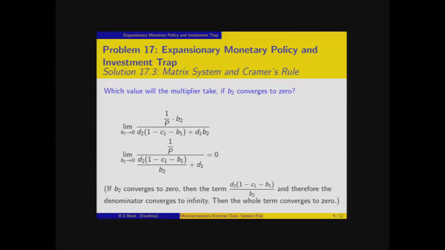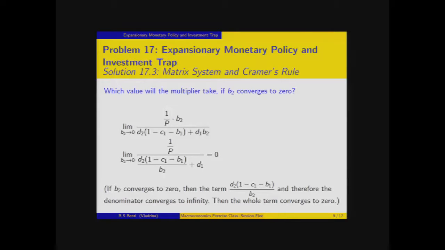So the next item is 17.3 again, matrix system and Cramer's rule. What value would the multiplier take if B2 converges to 0? So again, we would take the limit of B2 converging to 0.